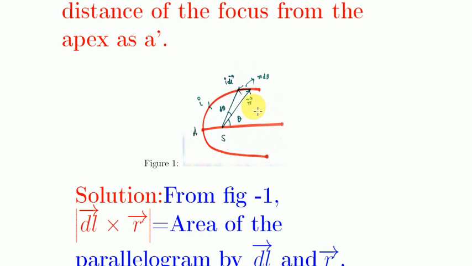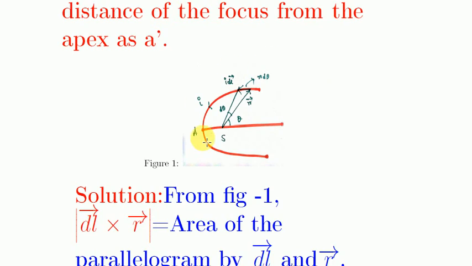And here theta is the angle between this position vector and the axis of the parabola, and d theta is the increase of angle, and r d theta is the elementary length, which is equal to dl.